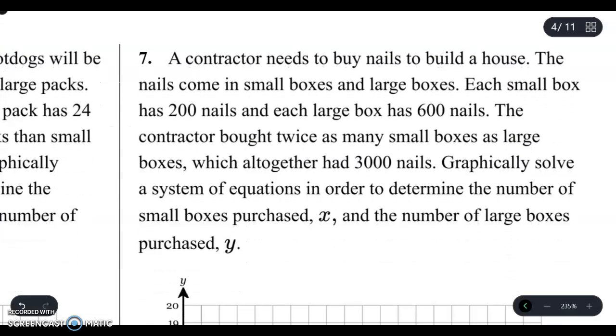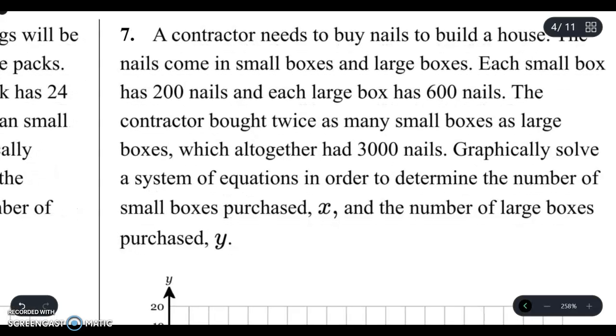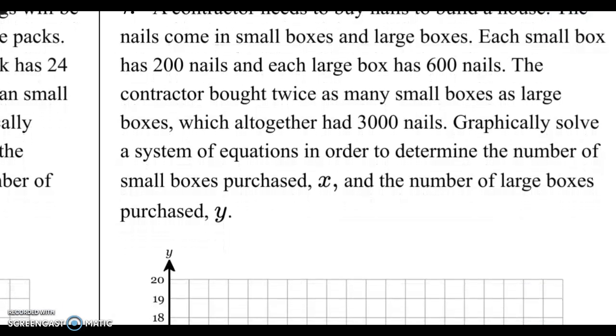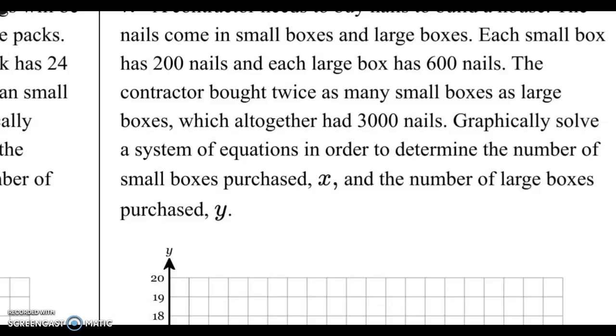Alright, so a contractor needs to buy, let me see if I can squeeze it all in here, a contractor needs to buy nails to build a house. The nails come in a small box and a large box. Each small box has 200 nails, each large box has 600 nails, and the contractor bought twice as many small boxes as large boxes, which altogether had 3,000 nails.